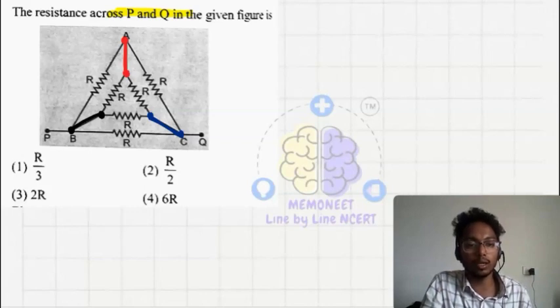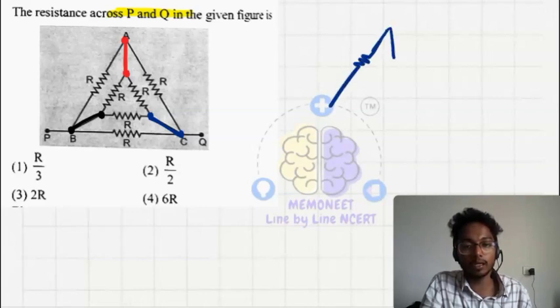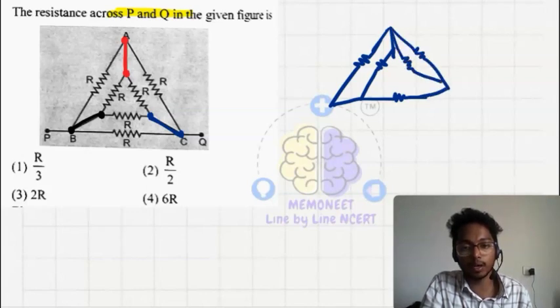I can do it like this: I have a resistor here, okay, and here it is parallel. Then I will have here one resistor. Sorry, here it is parallel, and I have another resistor here. Okay, this will be parallel. Okay, if this is R, this is R, this is R, and this is R.